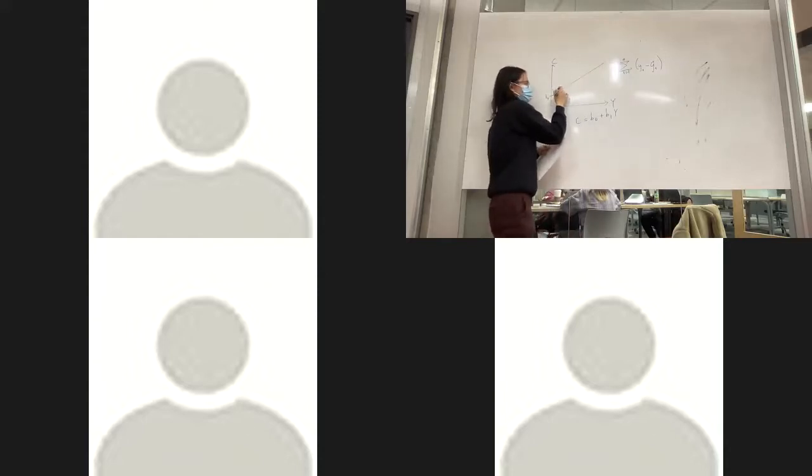Over here, this value is y_i. This value would be y_i hat. And then this difference would be the error e_i.